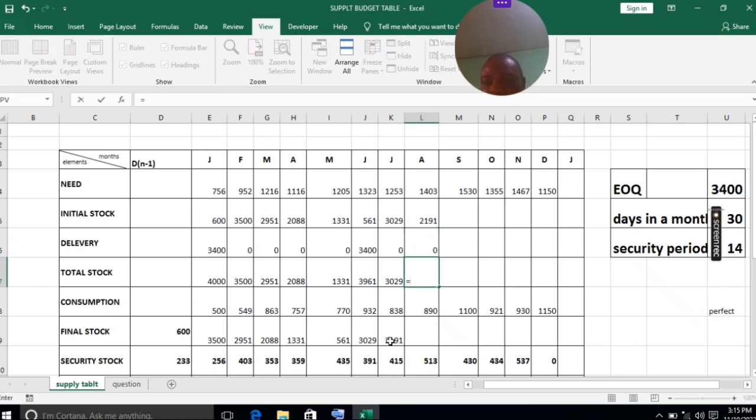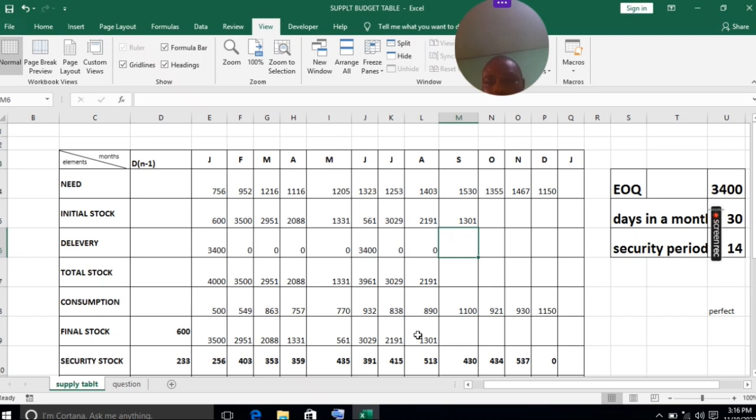So our total stock is equal to initial stock plus replenishment, which is zero. So we subtract consumption from total stock to have our final stock in August, 1801. Initial stock in September is equal to closing stock in August.